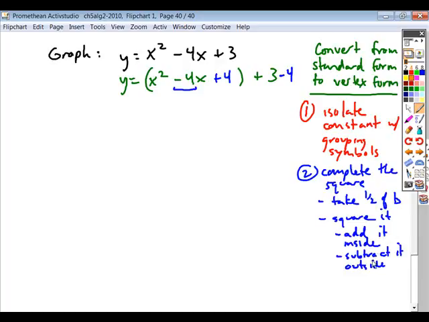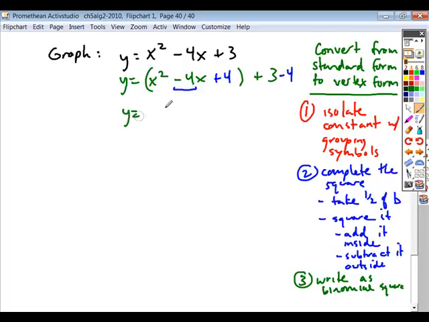But what this, again, enables you to do is to write the grouping portion as a binomial square. Once you write this as a binomial square, it's in your vertex form.